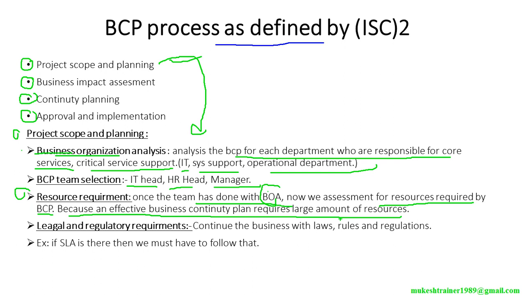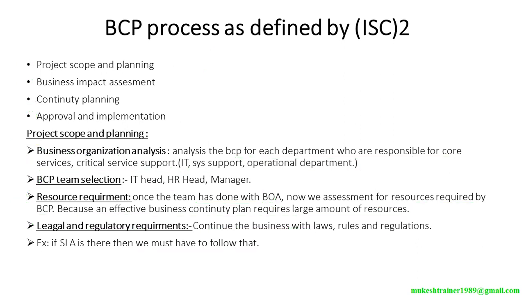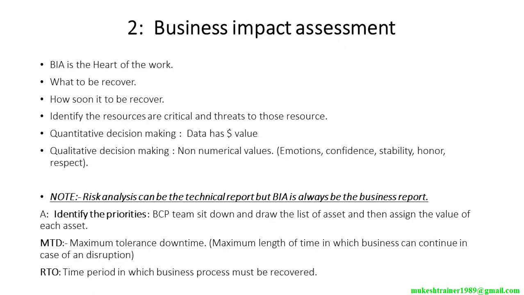So you look at your business organization analysis, BCP team selection, resource requirement, and then legal and regulatory requirements: continuing the business with the law, rules and regulations. For example, if a service level agreement is there, then we must follow that. So what needs to be done first, that is the BCP process. Second is business impact assessment.